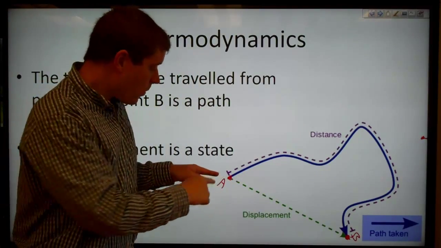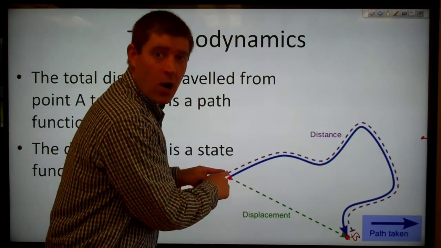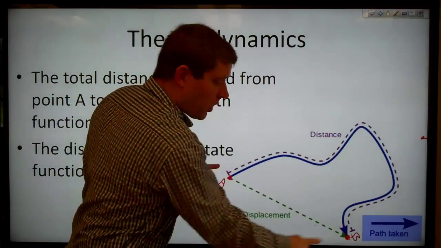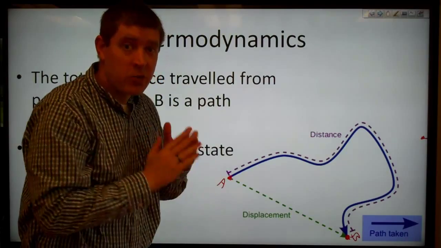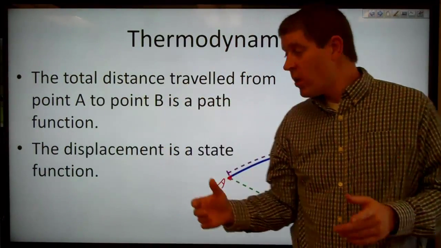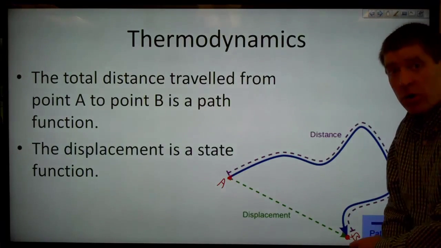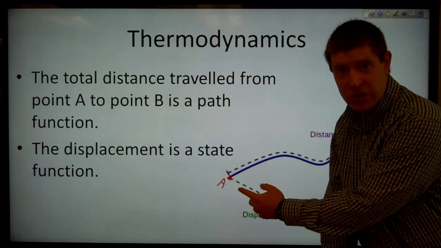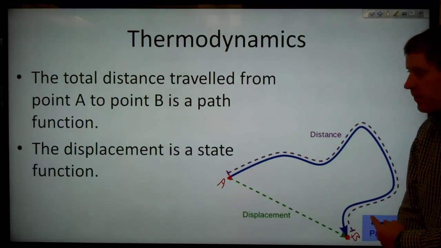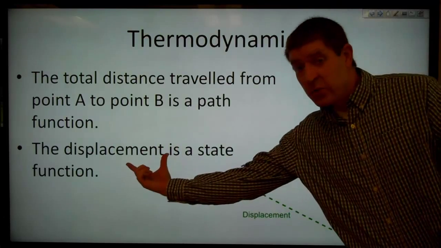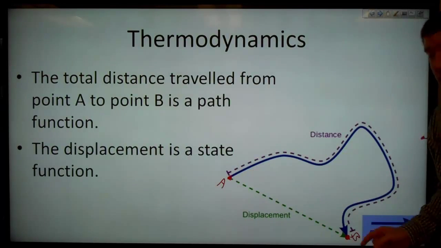It doesn't matter whether we went from A to B along that straight line or we took some other meandering path. The displacement is some value that only depends on where A is and where B is. So it only depends on the state of A, its position, and the state of B, its position. That's the displacement. That's this green dashed line.